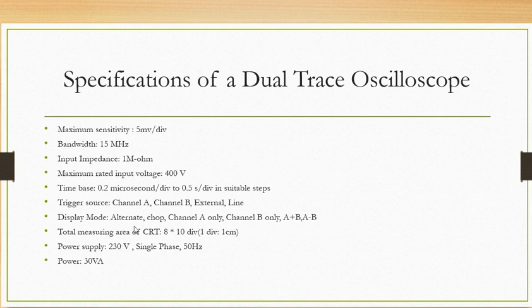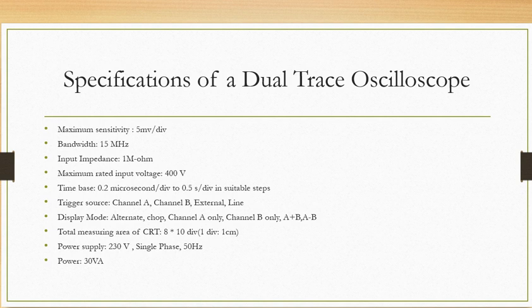If you see the total measuring area of the CRT or cathode ray tube, that is 8 into 10 divisions, and you know that one division is 1 centimeter. If you have seen the CRO, you can see that one division is 1 centimeter for a dual trace oscilloscope.